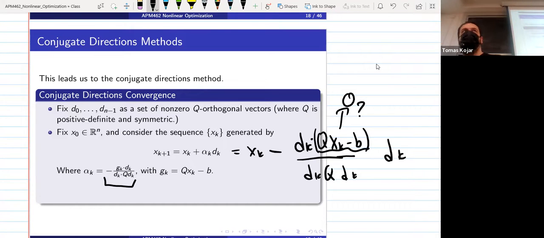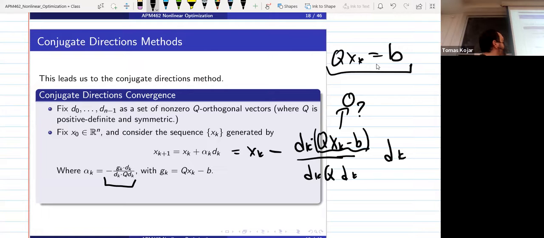Because Q x star is b. That's the intuition of this method: we know what the minimizer is, how it should look. So I might as well use that. I don't know what x star is, but I know it close enough.